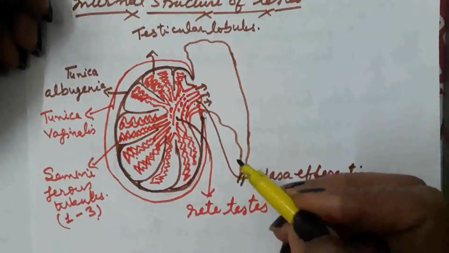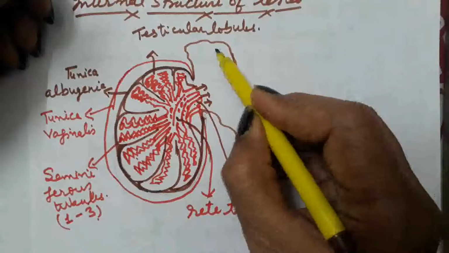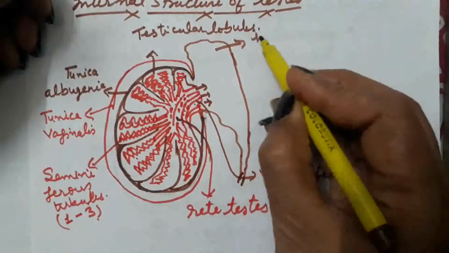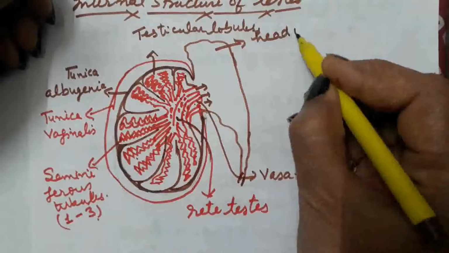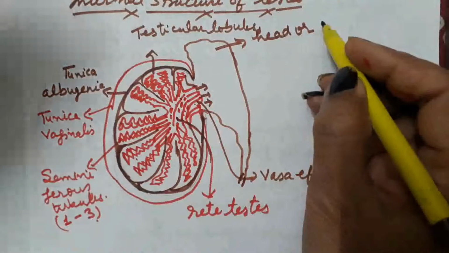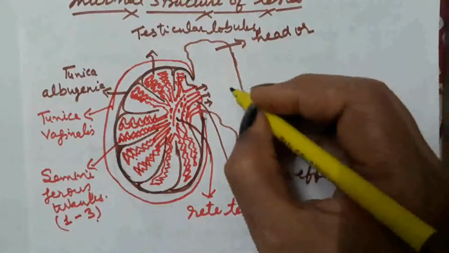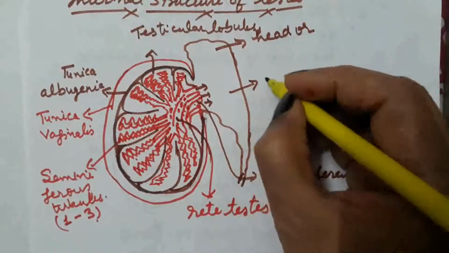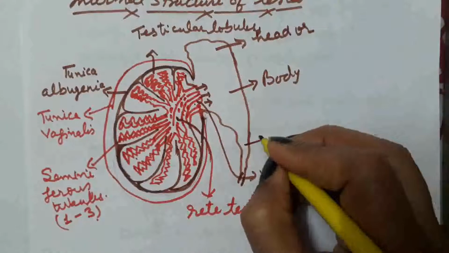The epididymis consists of three parts. The upper broader part is known as the head, the middle portion is known as the body, and the lower tail-like structure is known as the tail.